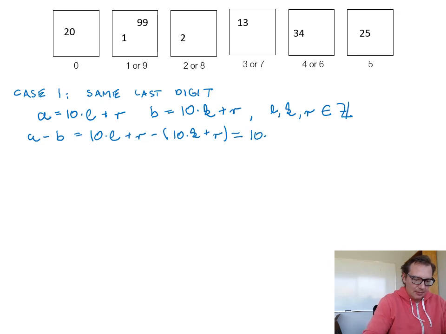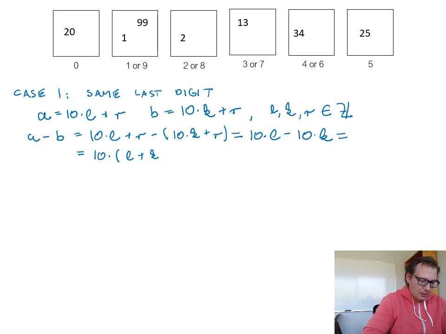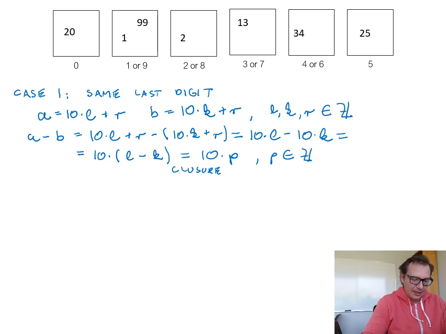So this is 10 times L minus 10 times K, since the R's cancel each other, and that's equal to 10 times L minus K, and that is equal to 10 times some P because of closure, where P is an element of Z. Okay, and now we proved that their difference is divisible by 10.